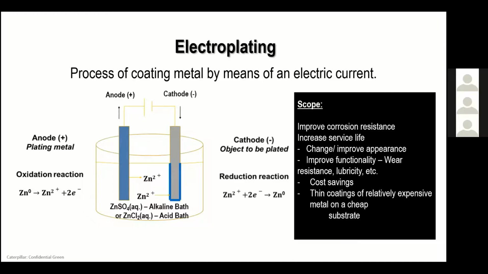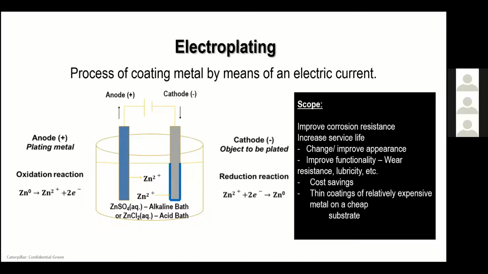So I want to introduce electroplating, and it's an oxidation reduction reaction as well. And so what you're looking at here is that blue bar in that container. And that container can either be an alkaline bath with zinc in there, or an acidic bath with zinc chloride.